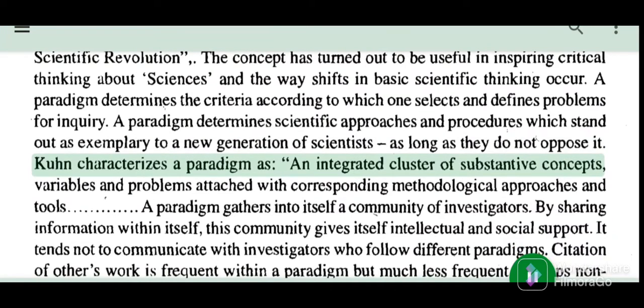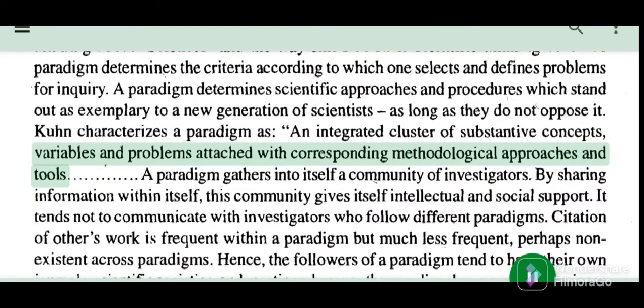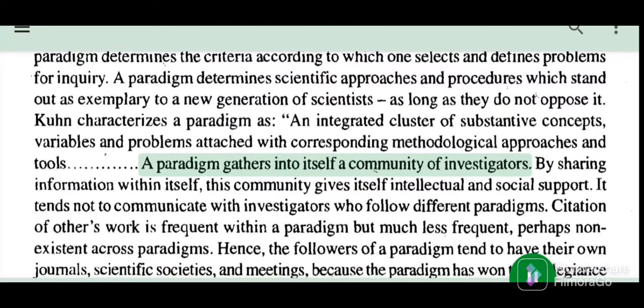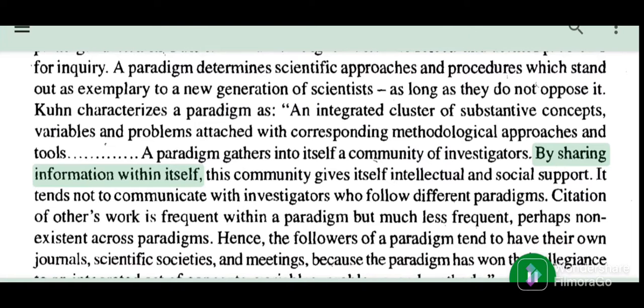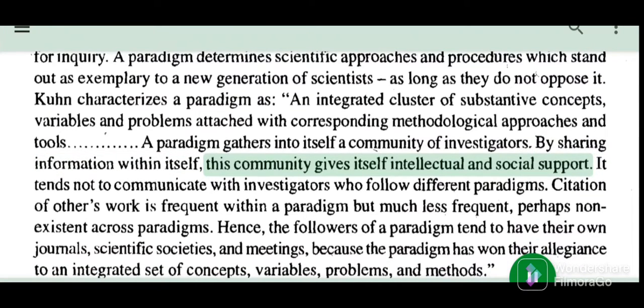Kuhn characterizes a paradigm as an integrated cluster of substantive concepts, variables and problems attached with corresponding methodological approaches and tools. A paradigm gathers into itself a community of investigators. By sharing information within itself, this community gives itself intellectual and social support.